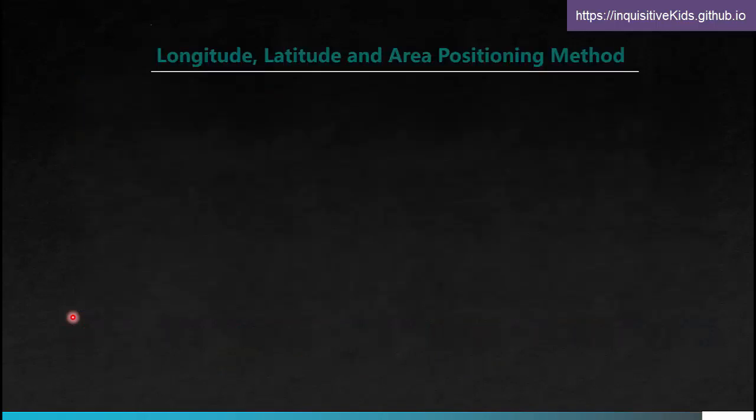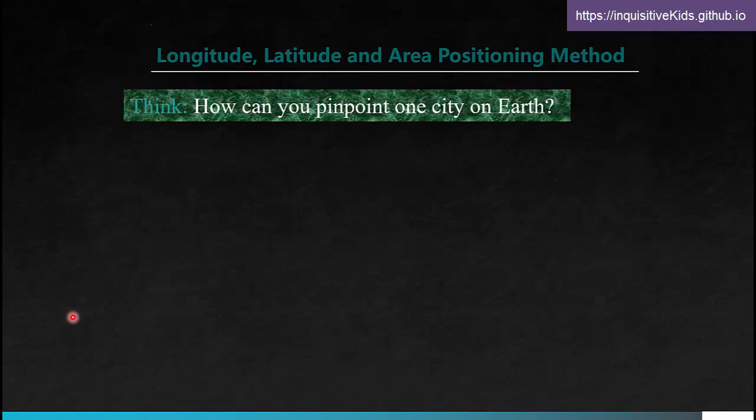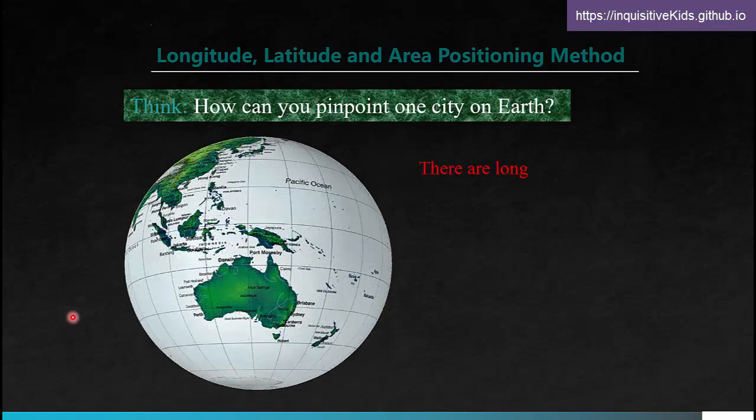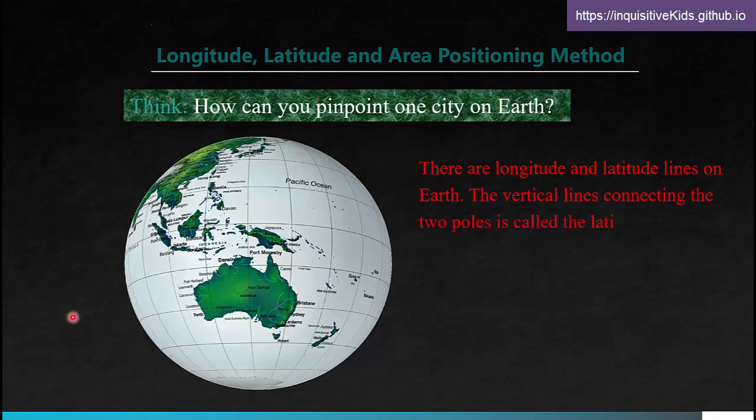So longitude and latitude is another positioning method, especially if you're using a map or something, because those are the lines that you have on Earth to help you pinpoint, say, a city. So how can you do that? There are longitude and latitude lines on the Earth. The vertical lines connecting the two poles are called the longitudes, and the horizontal lines perpendicular to them are the latitudes.